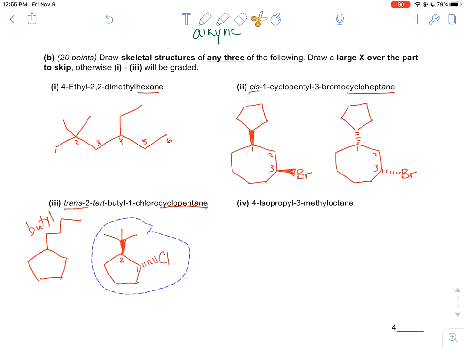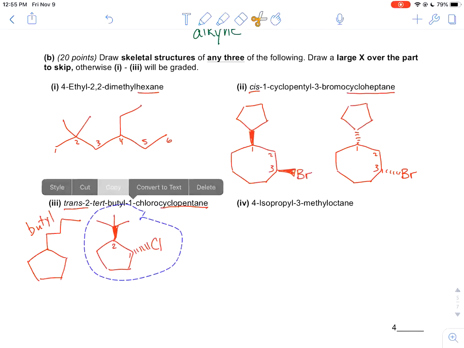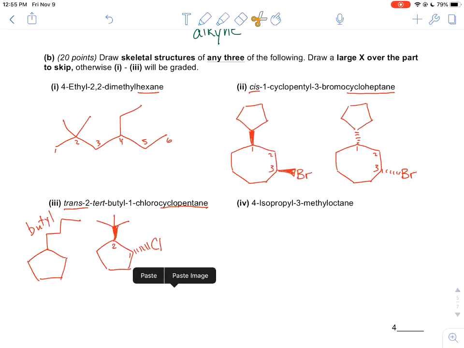That would have been fine, just as long as the relative relationship between those two groups is the same. And so by that I mean you could get rid of these and switch them out. This could be dashed and that could be wedged. And these groups could be wherever on the ring, up, down, left, right, just as long as they're 2 carbons away from each other.